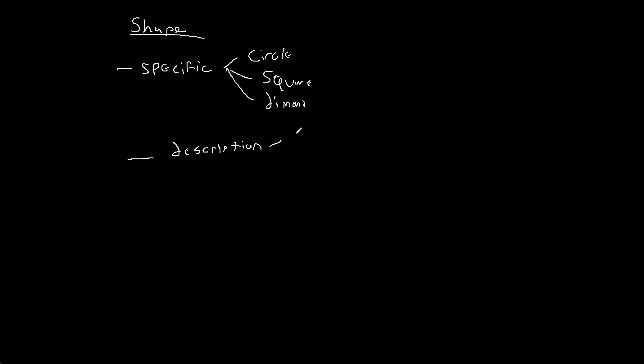Right, it could be long and skinny. It could be rounded. It could be wide. So there's really a lot of different terms we can use to describe shape. But ideally what you're getting at is, again, just like with color, it's pretty straightforward. You're getting at the shape of the object.